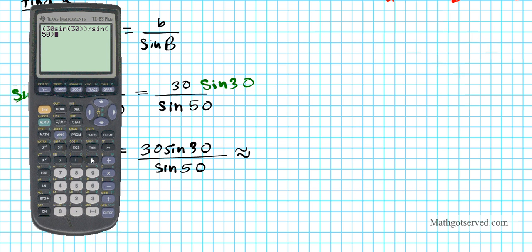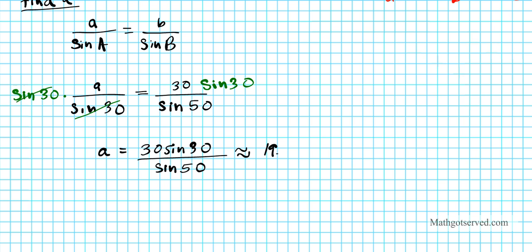I have more than one argument in the denominator, so I'm going to put parentheses. Enter. 19.58 to 2 decimal places, so little a is approximately 19.58.